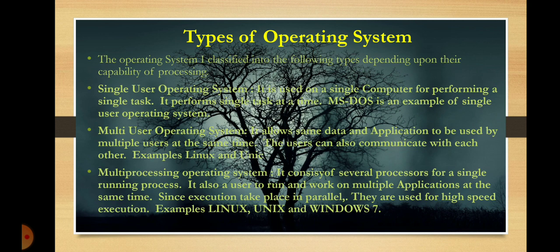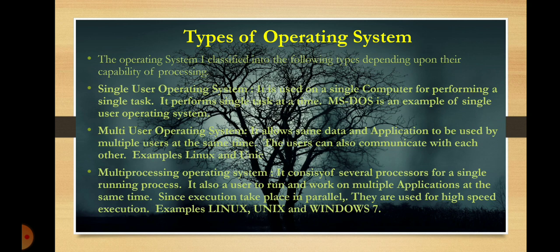Multi-user operating system. It allows the same data and applications to be used by multiple users at the same time. The users can also communicate with each other. Some operating systems which come in this category are Linux and Unix.